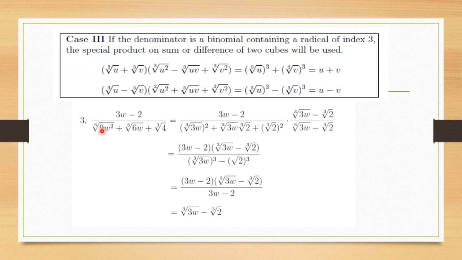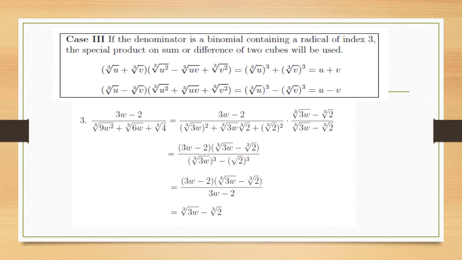Remember, your u is 3w, your v is 2, so this should be multiplied by the cube root of 3w minus the cube root of 2. Multiply the same on top, so that when you simplify, the bottom becomes the cube root of 3w cubed minus the cube root, I'm sorry, cube root of 2 cubed.